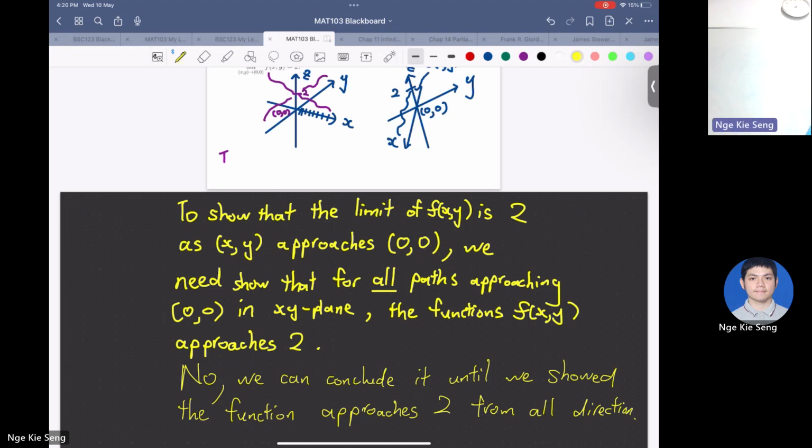From all directions we have to show. Later we will see this example. We will see an example soon.